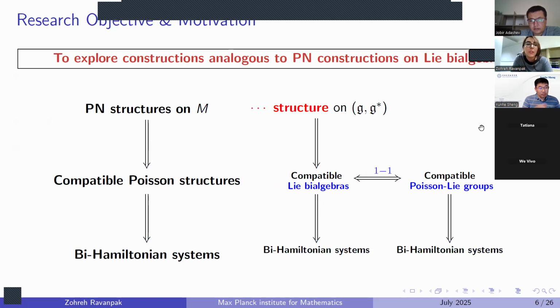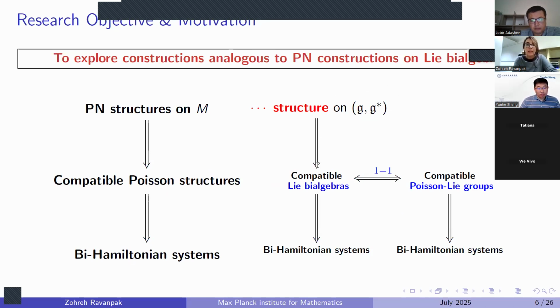And our motivation comes from the importance of PN structures in bihamiltonian system, because they produce compatible Poisson structures, and they are the algebraic framework to construct bihamiltonian system, and in certain conditions they are integrable. So my goal is to have such a construction here on a Lie bialgebra.